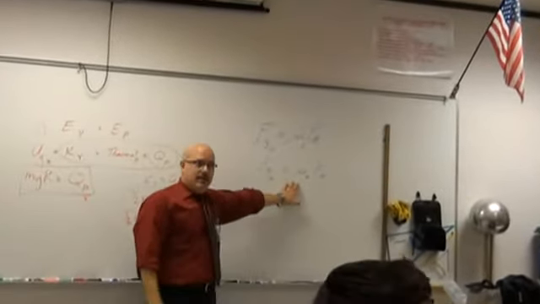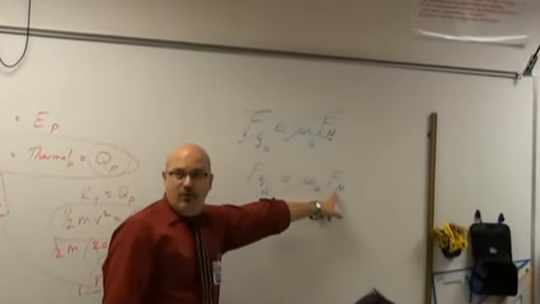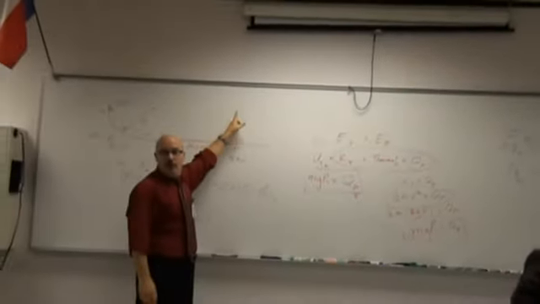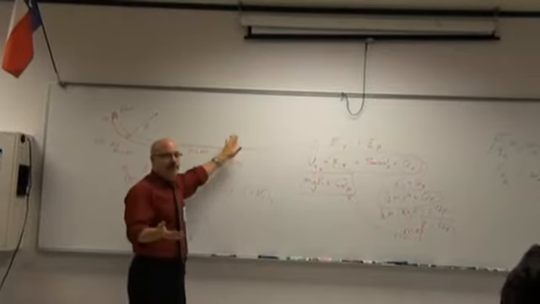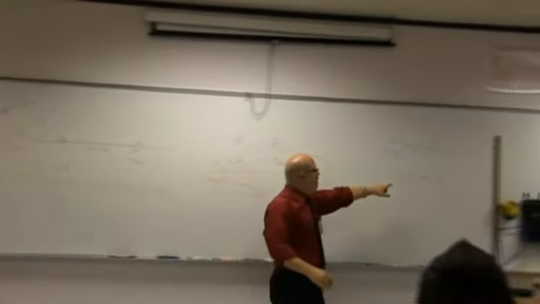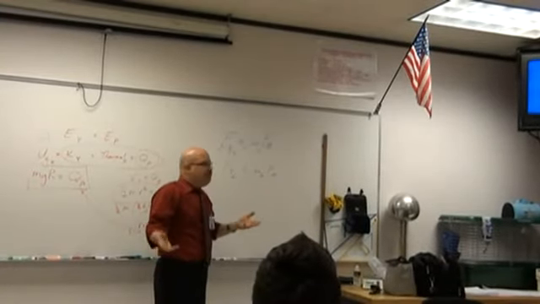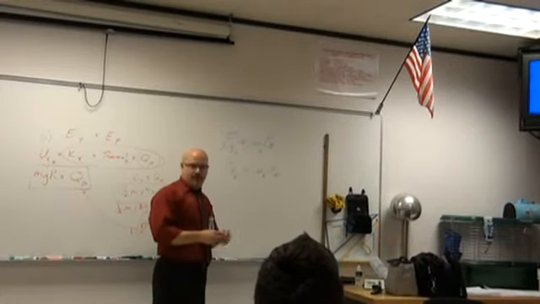Like, this is a great idea. This would find friction. And we could even find the normal force. Because when it's on a horizontal surface, then the normal force and the gravity force will be the same in this case, right? That's not always the case, but in this case, that's true. The problem is we don't know what that is. We just don't have that information, right? So, while this is a great idea, it turns out to be a dead end.